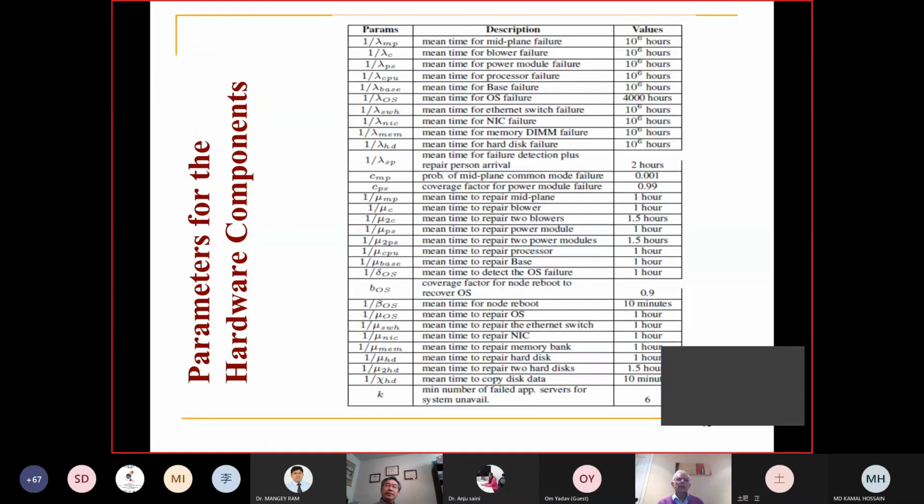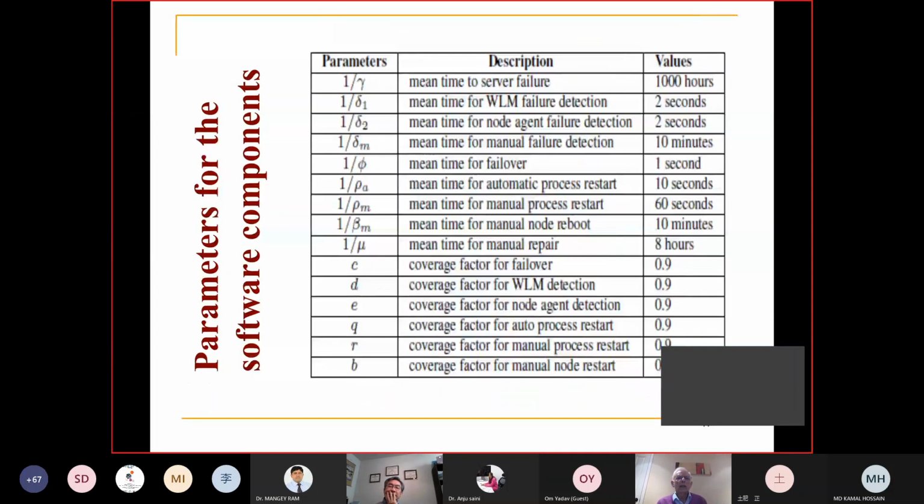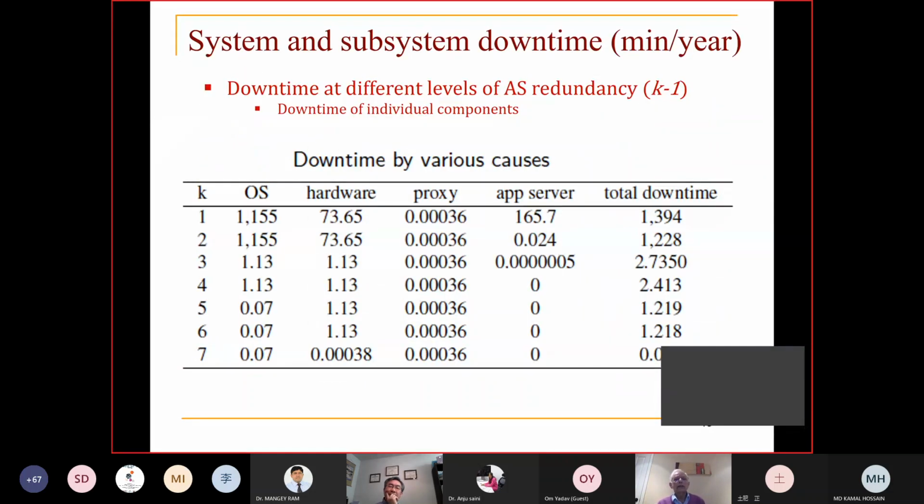Anyway, the parameters that we had for this particular situation are given here. These are not necessarily real parameters, but just to drive the models, to show you something. Real parameters IBM hides from you, obviously. And so these are all the input parameters for this model. After running the model, we can compute the downtime of the system.